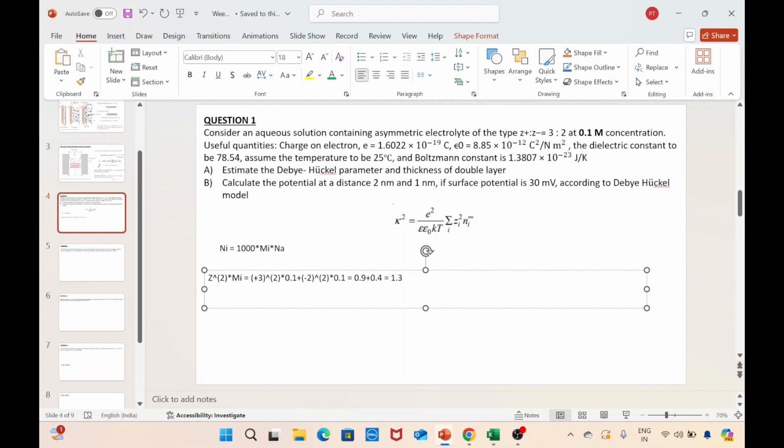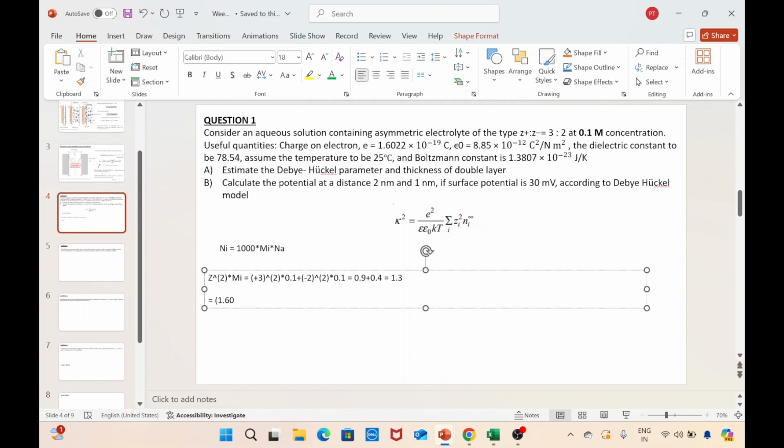Now we need to evaluate the parameters which are outside this sigma bracket. Last time also we calculated this. This is just for practice purpose. We are doing this once again. So please solve it along with me so that it will be easy when you do your assignment problems.